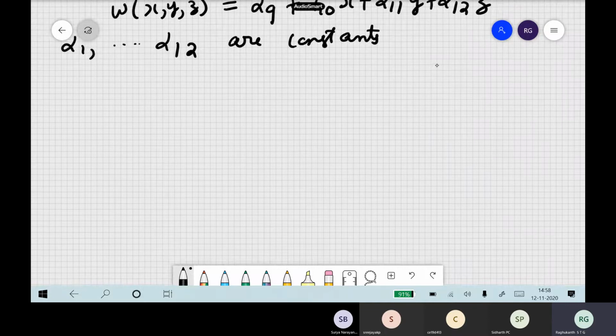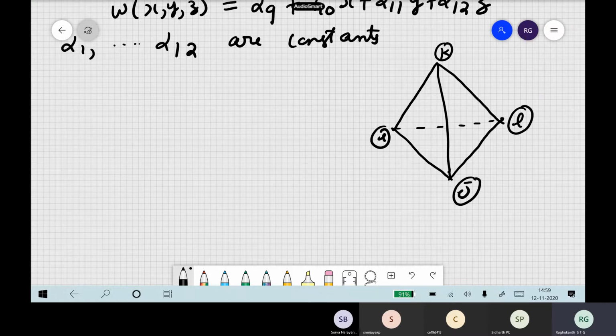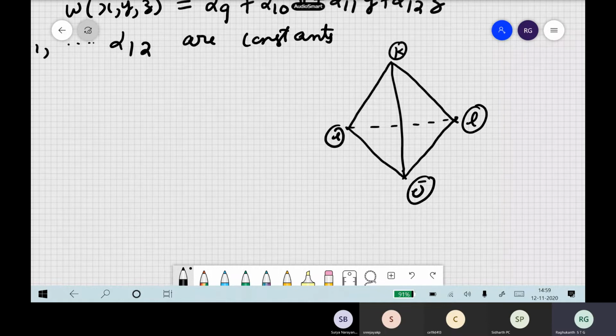So what are the nodal conditions? For a tetrahedra, at each node, how many degrees of freedom does it have? Previous class we have said, right? So if this is I, then J, then K, and then L. Now for tetrahedral elements, since it is a linear element, at each node, how many degrees of freedom do we have?